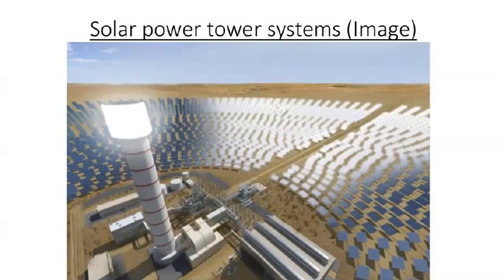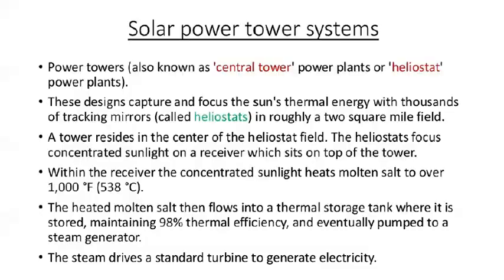So, coming to the description of the solar thermal tower systems. Once again, I'm repeating the solar power tower system's description. Power towers are also known as central tower power plants or heliostat power plants.